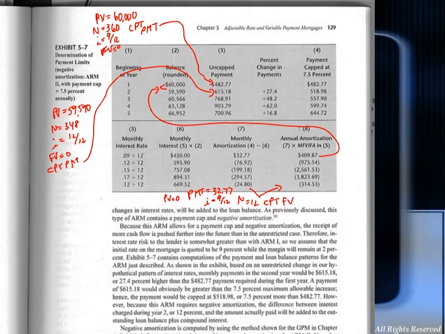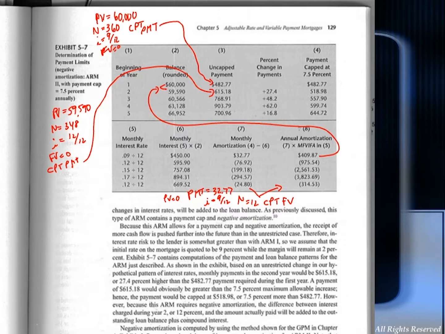But your interest payment due that second year is $595.90. So therefore, you have negative amortization. So the $595.90 minus the $518 is $76.92, which is a negative amount.